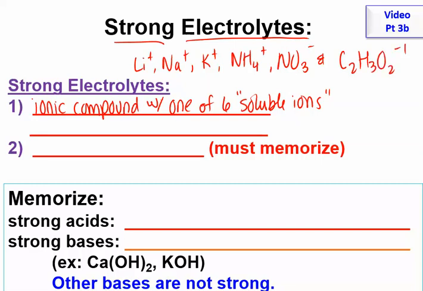Anyway, so if an ionic compound contains one of those, that ionic compound is a strong electrolyte.